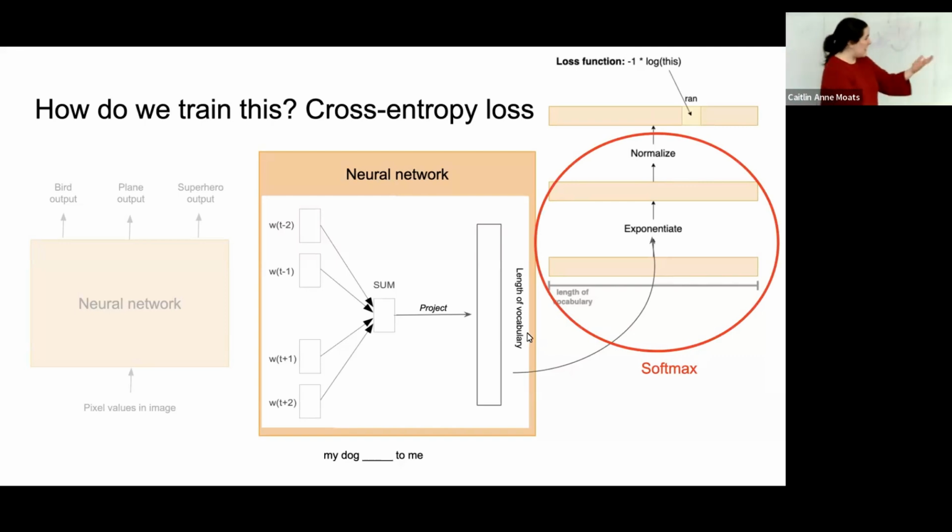We exponentiate this vector and then normalize so that the model doesn't learn to trivially produce super high numbers for every single output word all the time, and has to actually learn to distinguish when it should produce high numbers for certain words and when it shouldn't. And then we just penalize the negative of the number corresponding to the actual correct word.